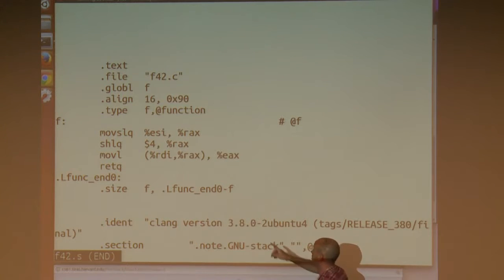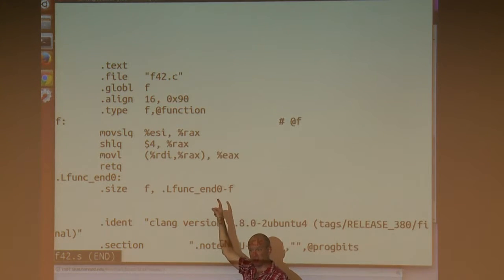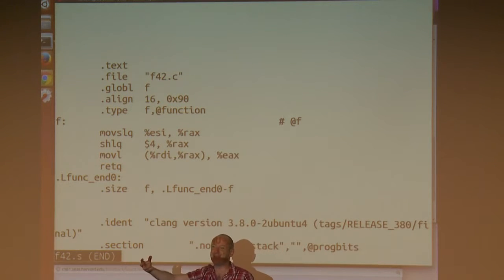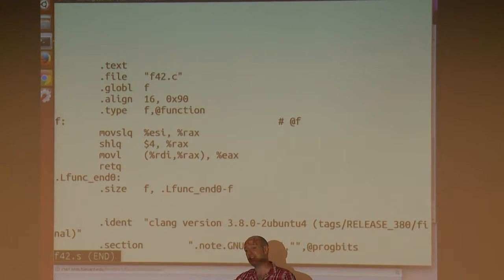So the scale appears to be 1, but Avi's right. We are indexing into an array of some object of 16-byte size, right? Because we multiply the index by 16. We shift it left by 4. A shift of n is the same as multiplying by 2 to the n, considered unsigned. So that's exactly what we're doing.